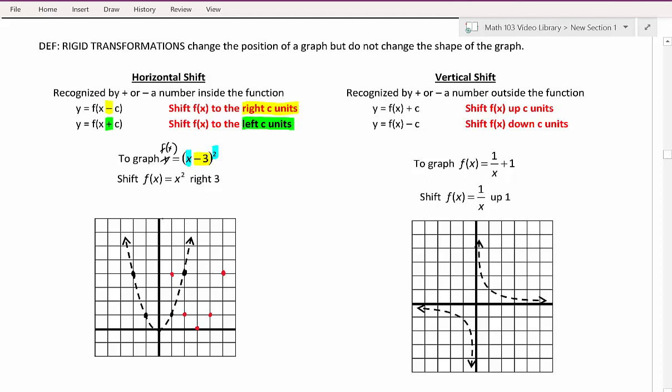And draw in our graph. Trying to actually hit all the points. Okay, so there in red is the graph of f of x equals (x minus 3) squared. The minus 3 on the inside told us to take the parent function of x squared and shift it 3 units to the right.